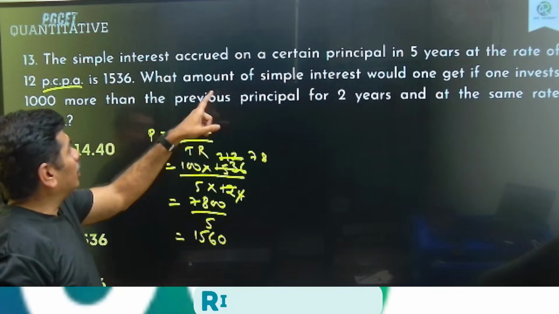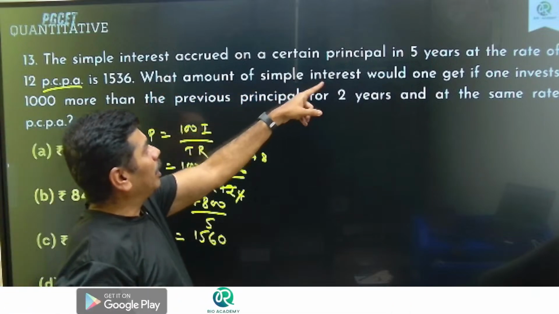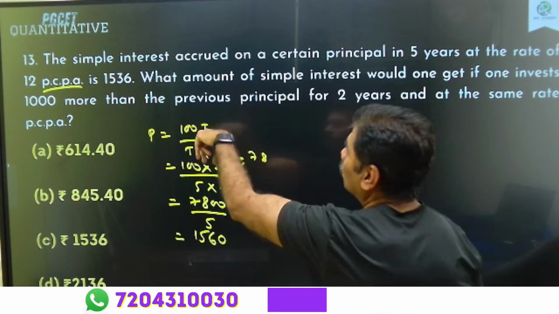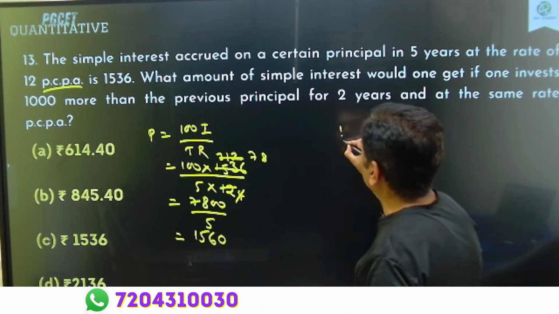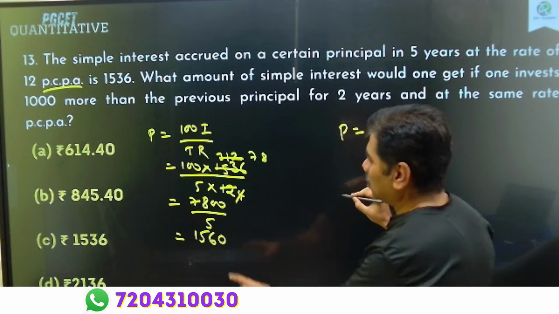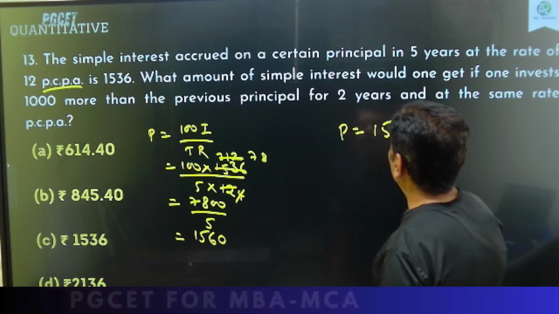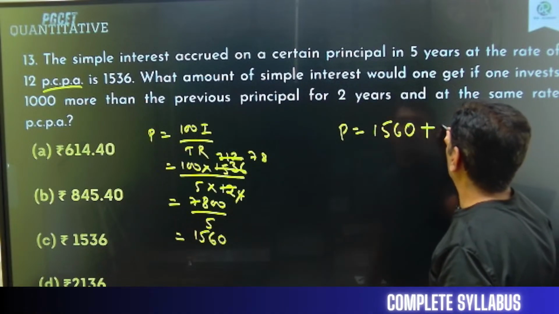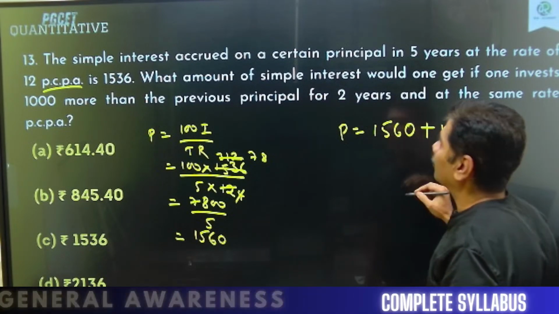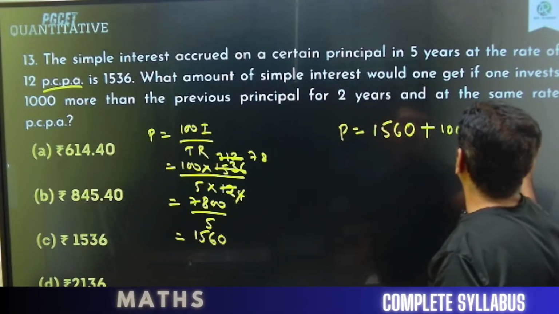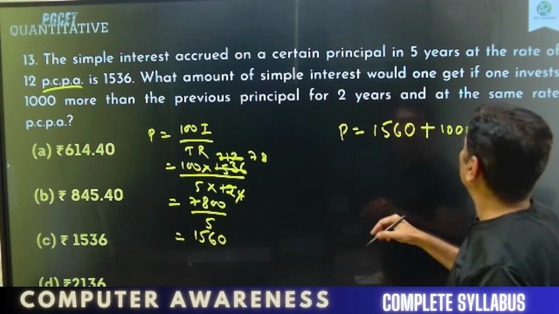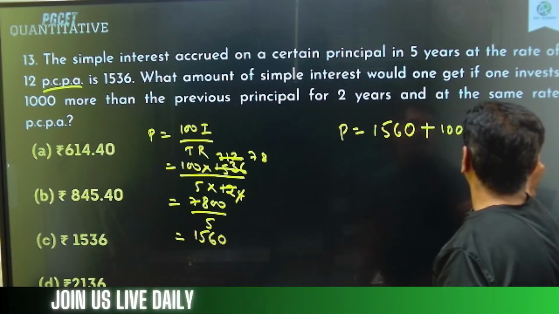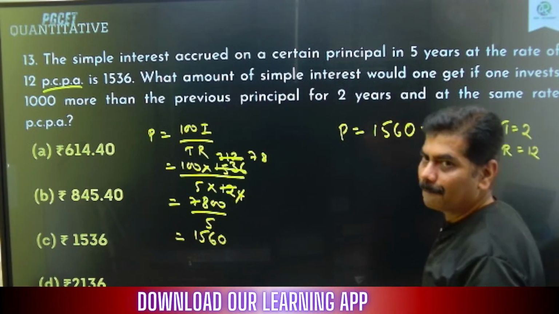Our next question: what amount of simple interest would one get if one invests 1000 more than the previous principal? So what is the new principal? The old principal, that is 1560, plus 1000 more, for 2 years. So T equals 2 years at the same rate of interest, R equals 12%.